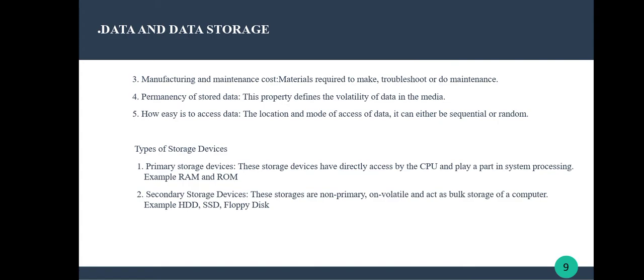For example, when we run a C program, we may need to store an integer, so that integer is stored in RAM. It is easily accessed by the CPU. So that's the main important function of the RAM.